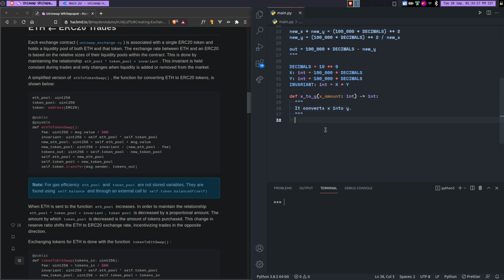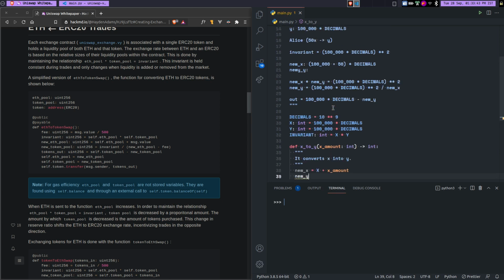Perfect. So the way we calculate it is by doing something like this, new X. The new amount of X tokens would be the old amount of X tokens plus the amount of tokens that we will get, so X underscore amount, right? And in the same way, the new amount of Y tokens would be the invariant. I have actually explained why we are doing the divide, because you need to make sure the invariant is constant.